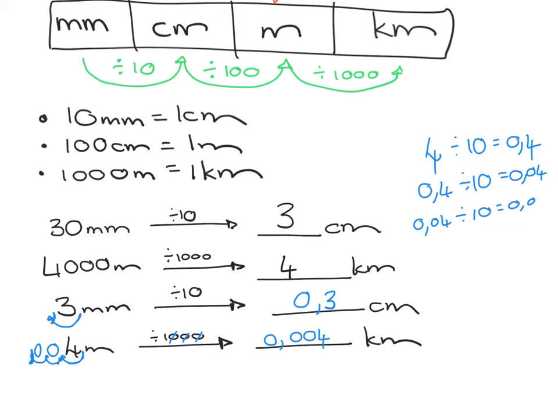That's 0,004. Can you see the pattern? Why did I show you to divide it by 10 3 times in this case? Because we wanted to divide by 1,000. Okay, I'm going to erase that. That's just a little side note.